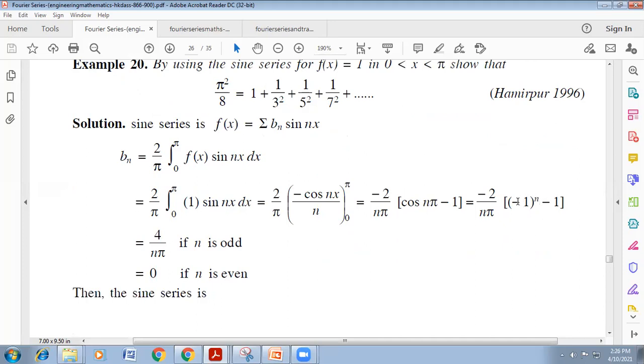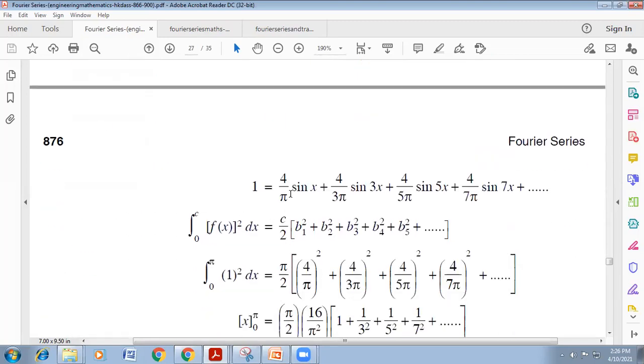Suppose n equals 2, minus 1 square equals 1, so 1 minus 1 is 0. This is why if n is even, the b n value is 0. And if n is odd, suppose n equals 1, minus 1 to the power 1 is minus 1, so minus 1 minus 1 is minus 2, and minus 2 multiplied by minus 2 is 4. This is why it is 4 by n pi for n odd, and 0 for n even.